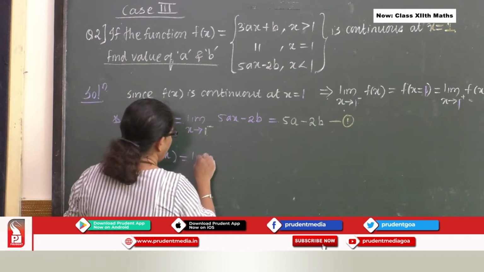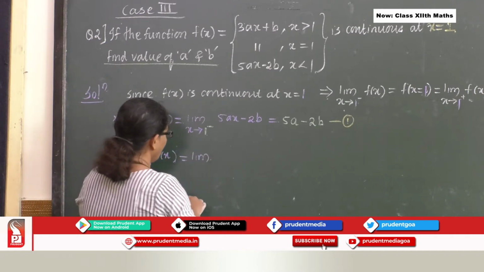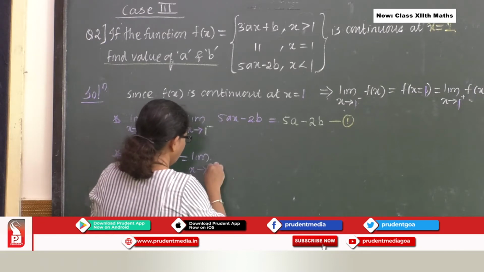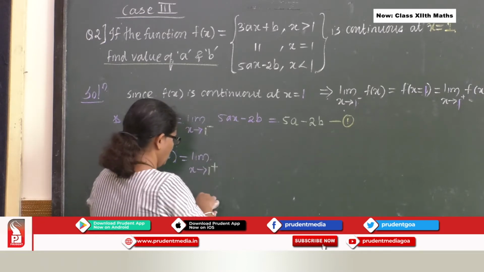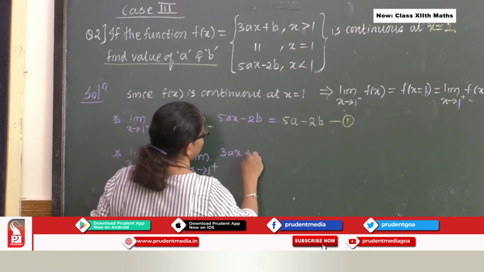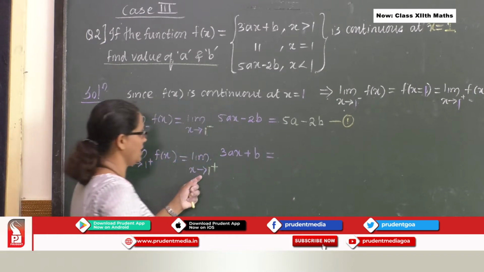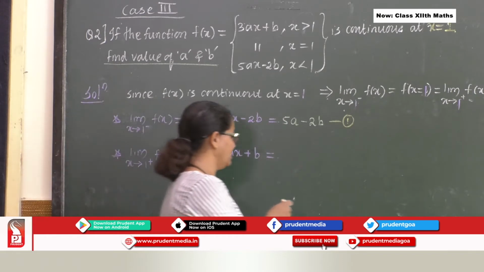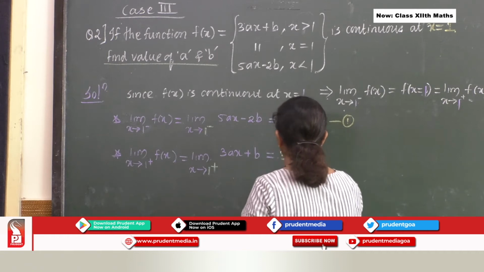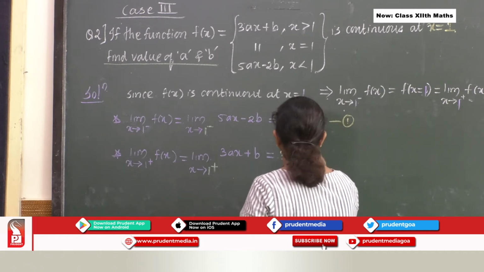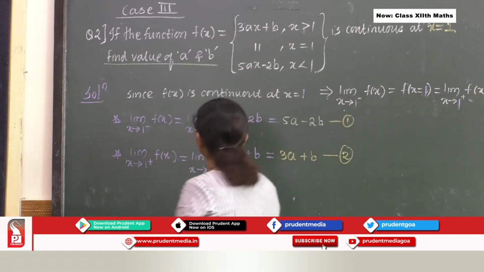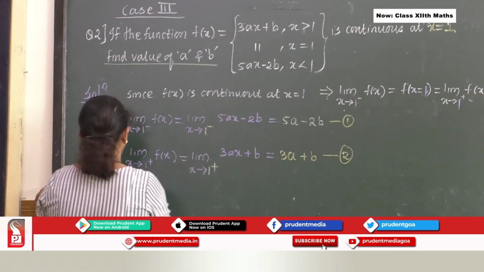So limit x tends to 1 plus, it is nothing but 3ax plus b. When I substitute 1 in place of x, I will get 3a plus b, equation 2.